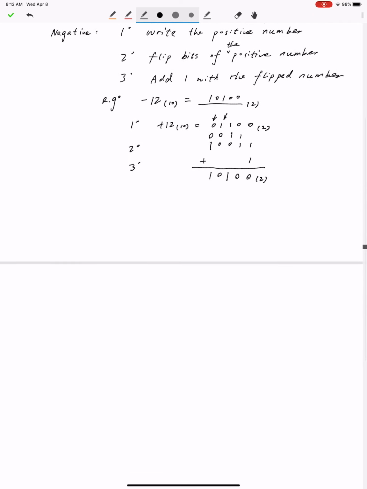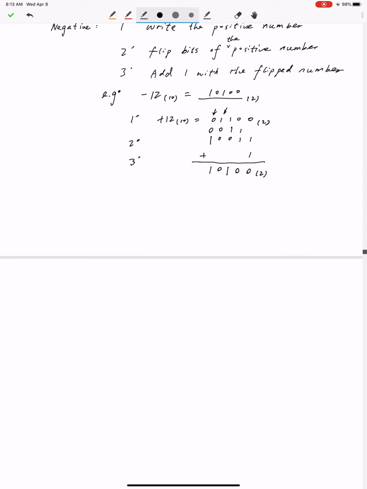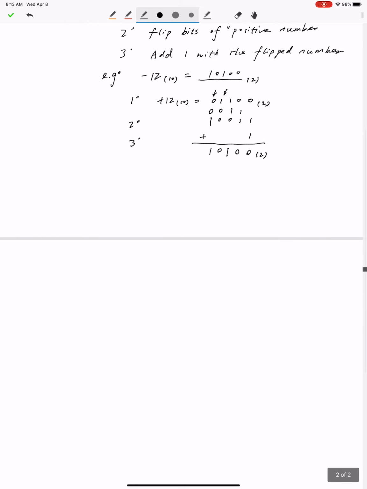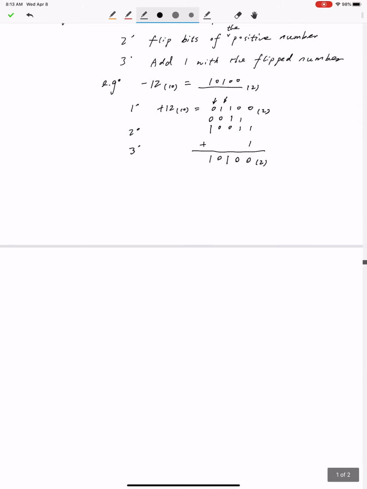So some people may ask, how can we verify our result, right? The simplest way to verify your result is to convert the negative binary number back to the decimal number, right? The converting method is the same as the one we used for unsigned binary numbers, but there's a little bit of difference.